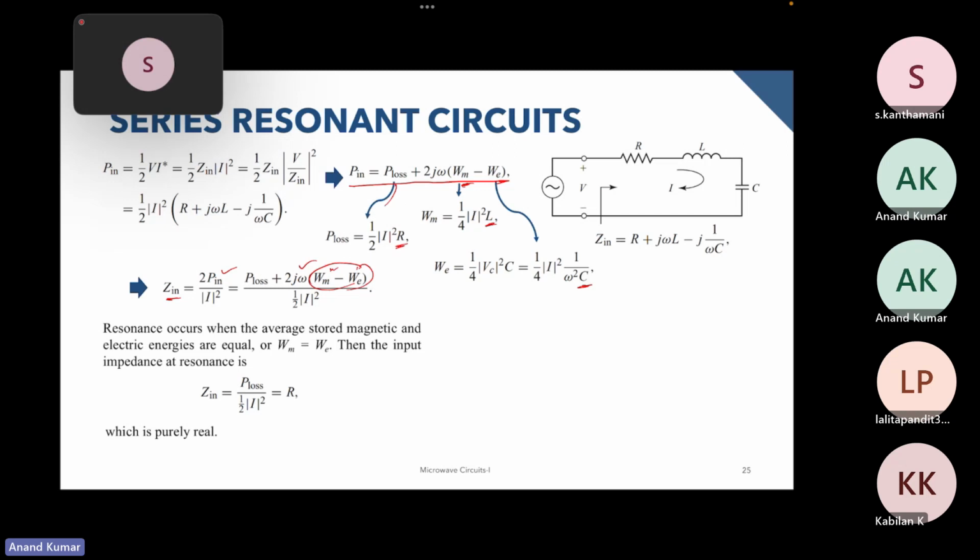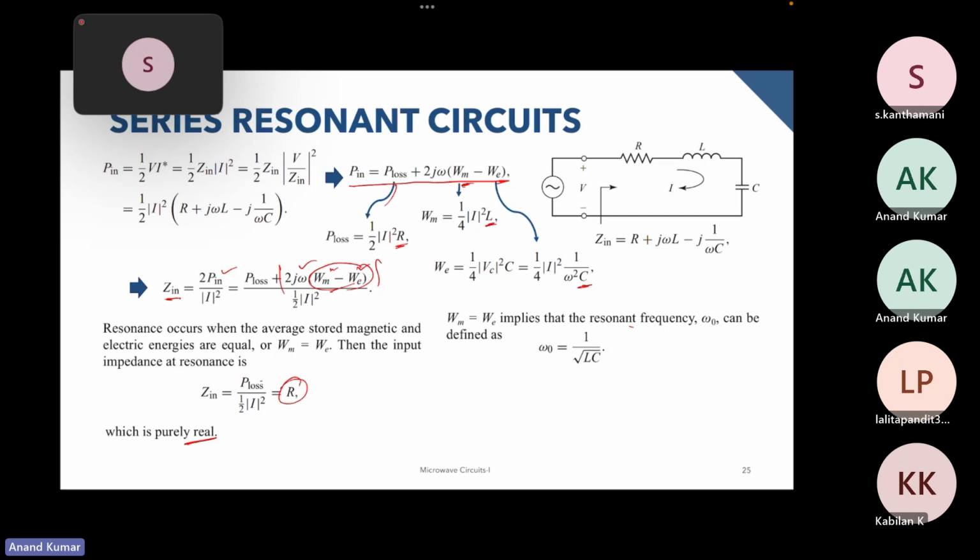When this happens, the imaginary part is lost, so the input impedance is just P loss by half I squared, which equals the resistance. So this is purely real, and omega Wm equal to omega We implies that the resonant frequency will be given by 1 by root LC.